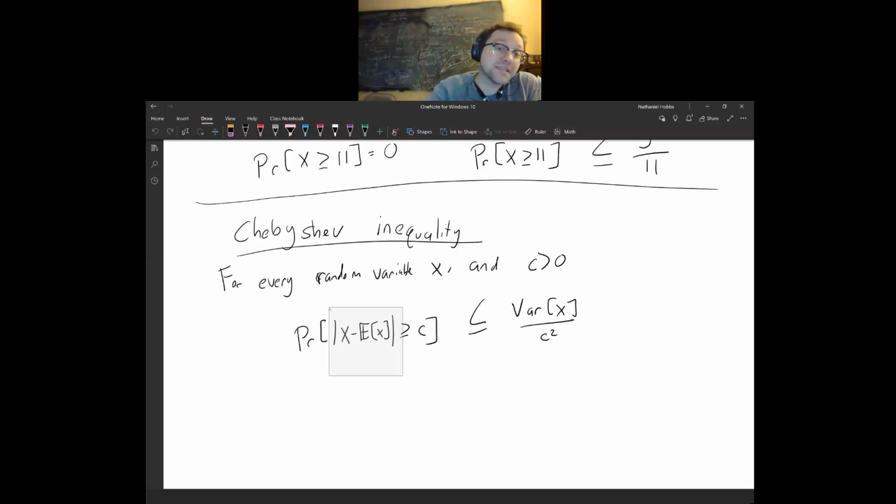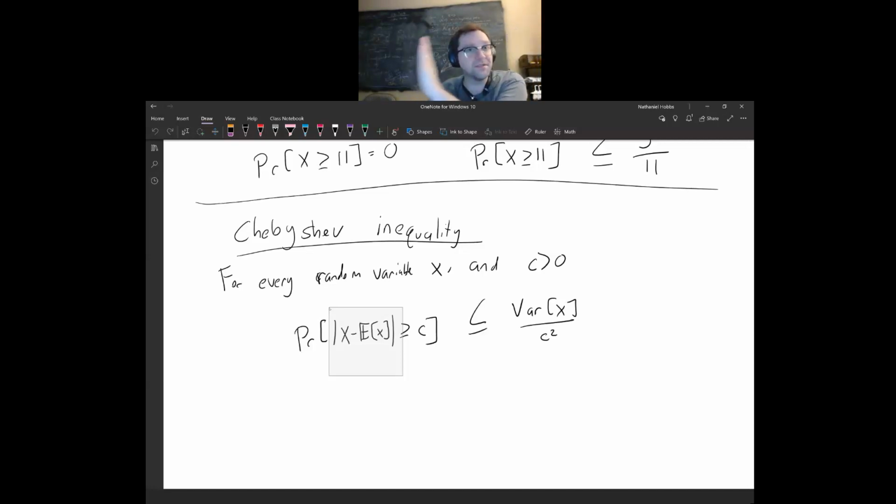So if x is 7 and E of X is 3.5, then what's the probability that a distance of greater than 3.5 is going to happen? There's the expected value. X minus that is something.